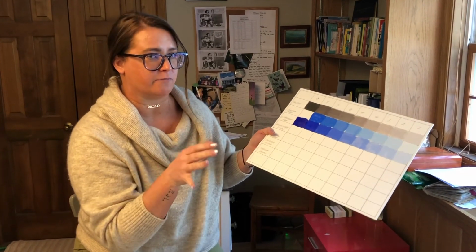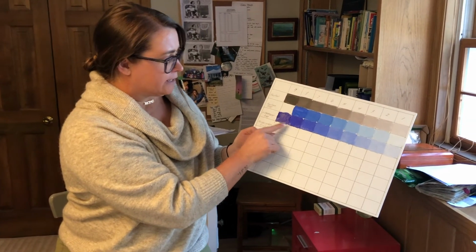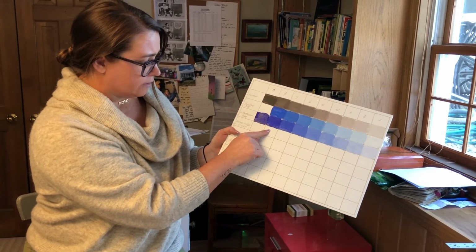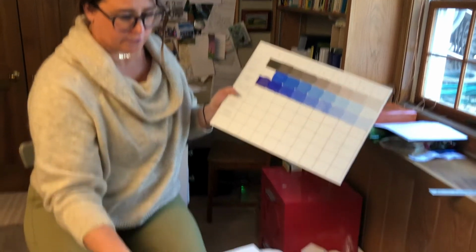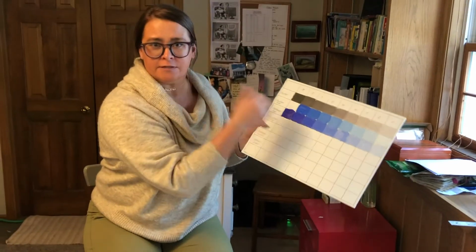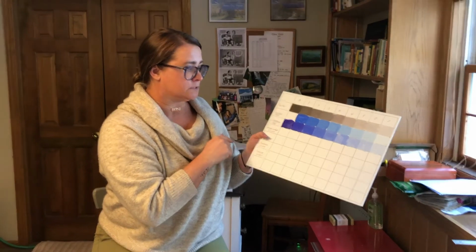I kind of stepped away from it and came back and realized this one was a little lighter, so I kept adding more primary to that, or that color to that, and just kind of worked my way down on my board here. Yeah. And then this color needed more white than I thought, so you might have to add more paint to your palette, but just keep working with it. And actually, when it does get there, you'll be like, oh, there we go, that works. So once I learned to trust that, then it was good.